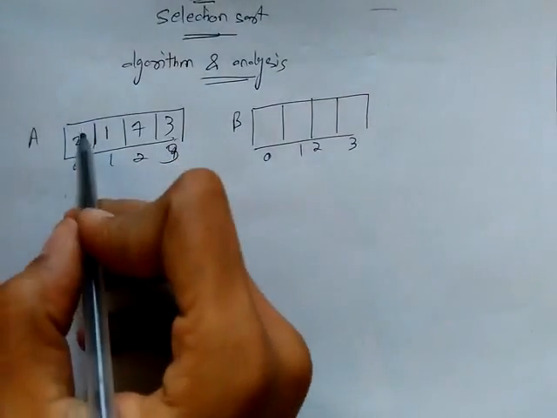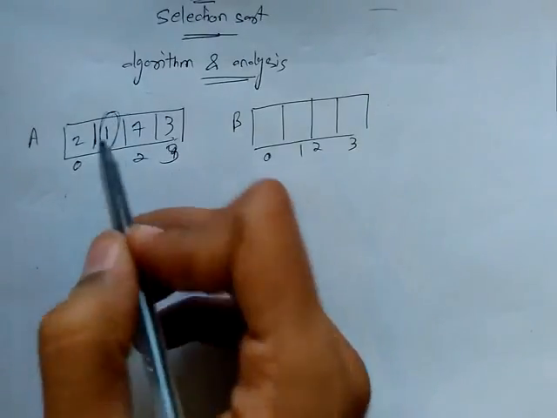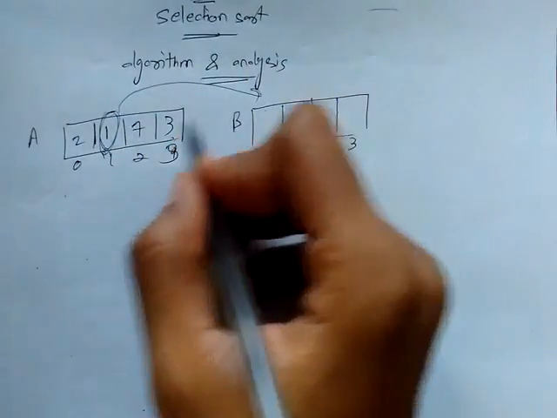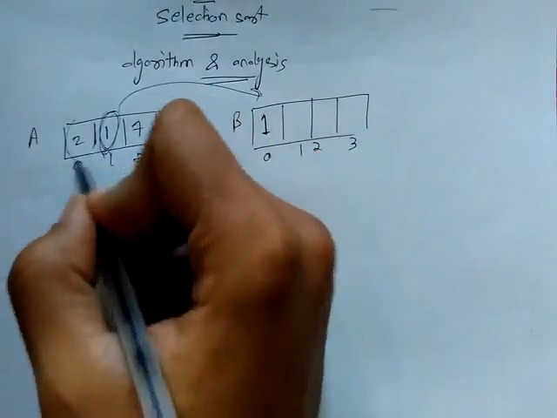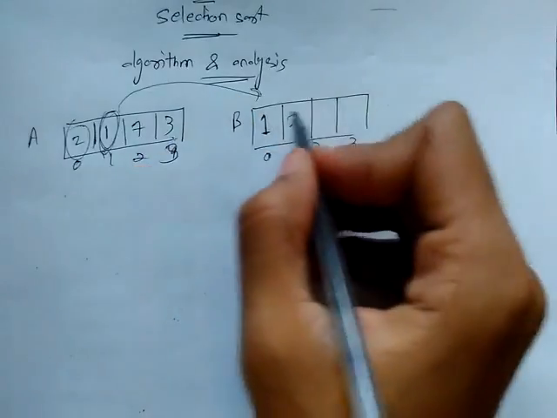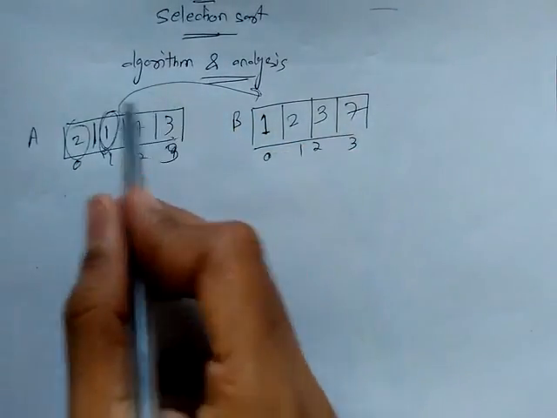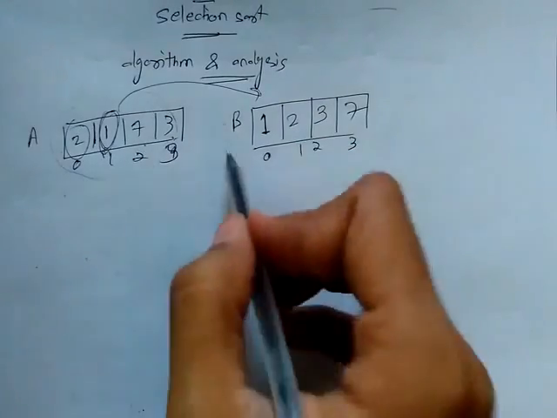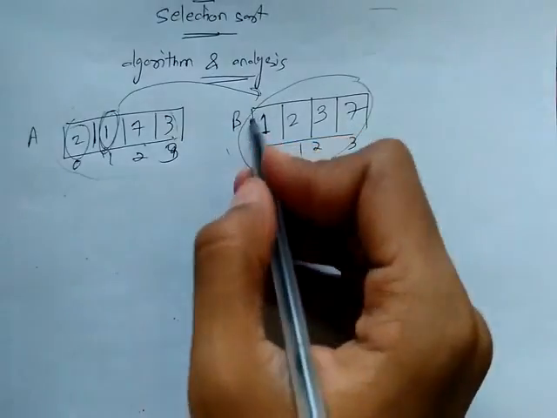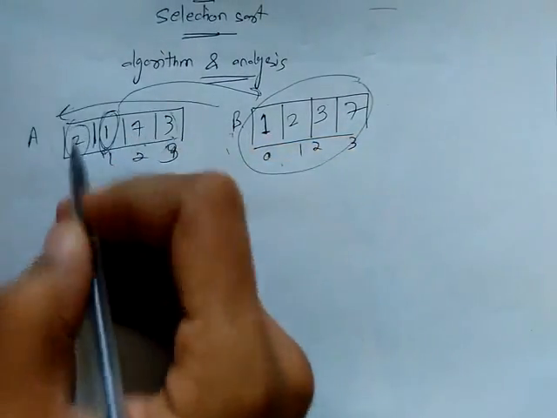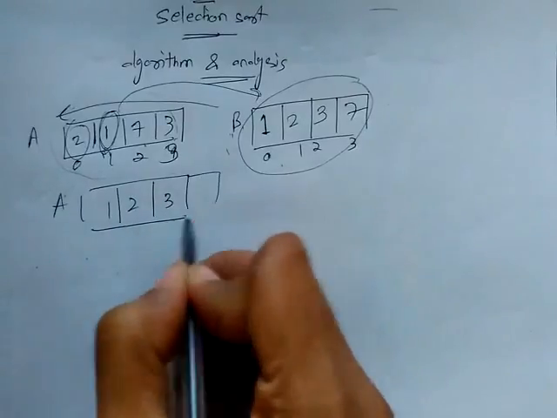In the complete array I will find the minimum element and place it in the correct order: 1, then 2, then 3 and 7. So we find the minimum element, place it in B, and further transfer the elements of B to A, and finally our A will be 1, 2, 3 and 7.